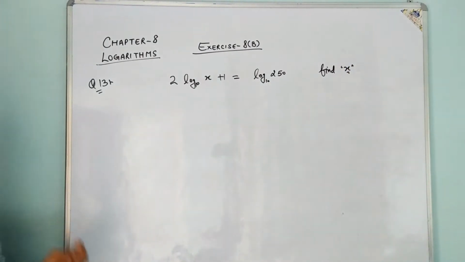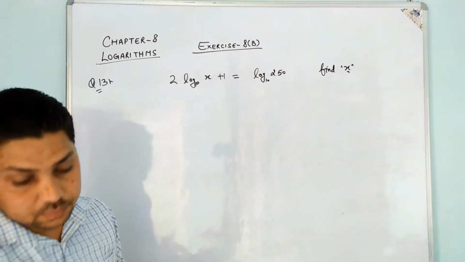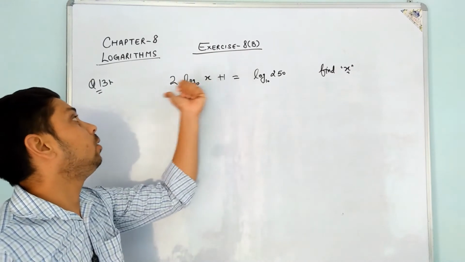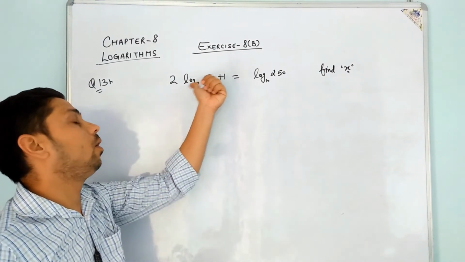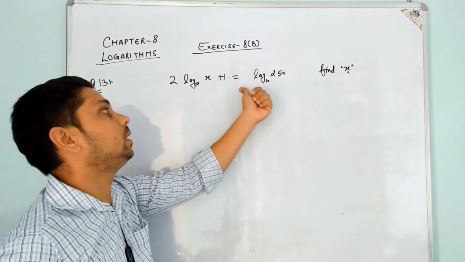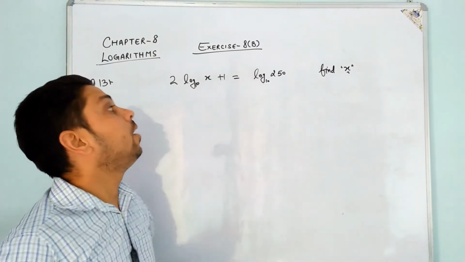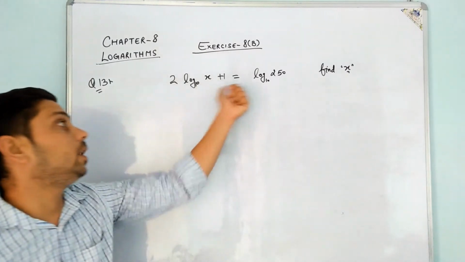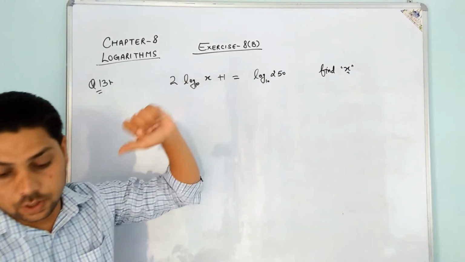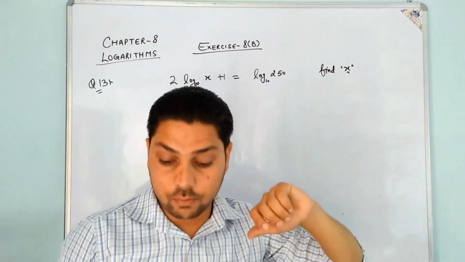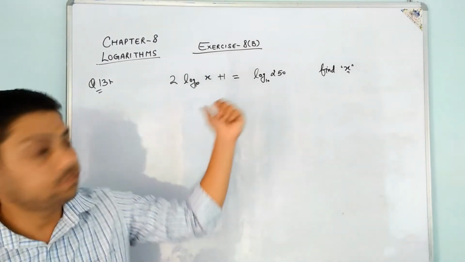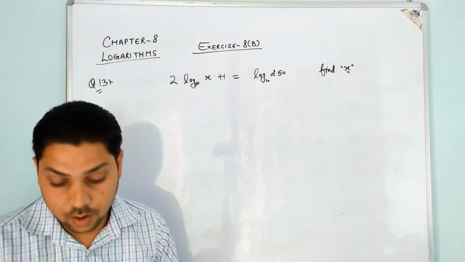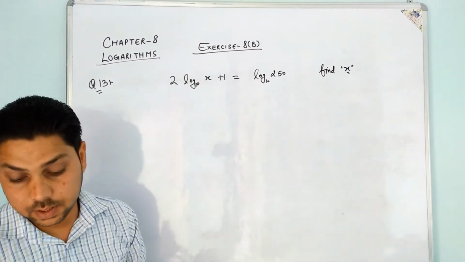Here we have question number 13 in your book: twice log of x with base 10 plus 1 is equal to log of 250 with base 10, and we have to find the value of x, not the base. The base is already given, that is equal to 10.